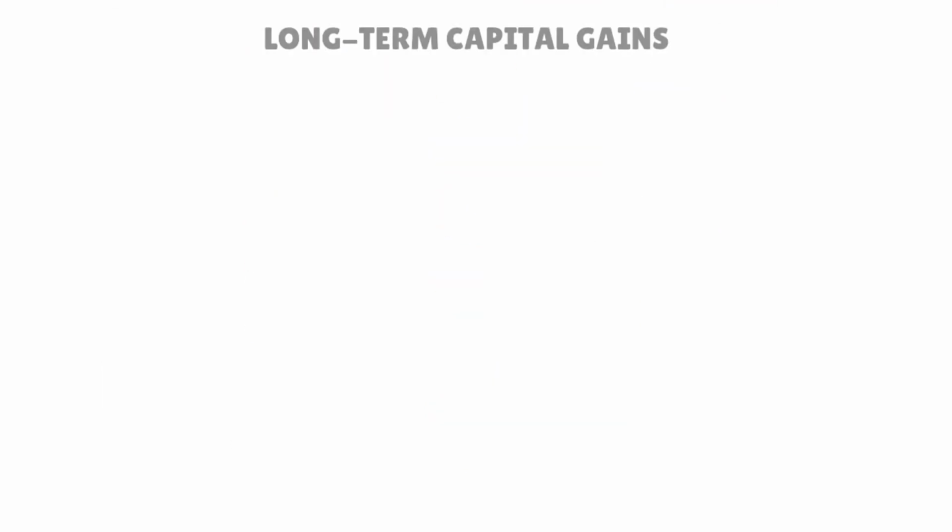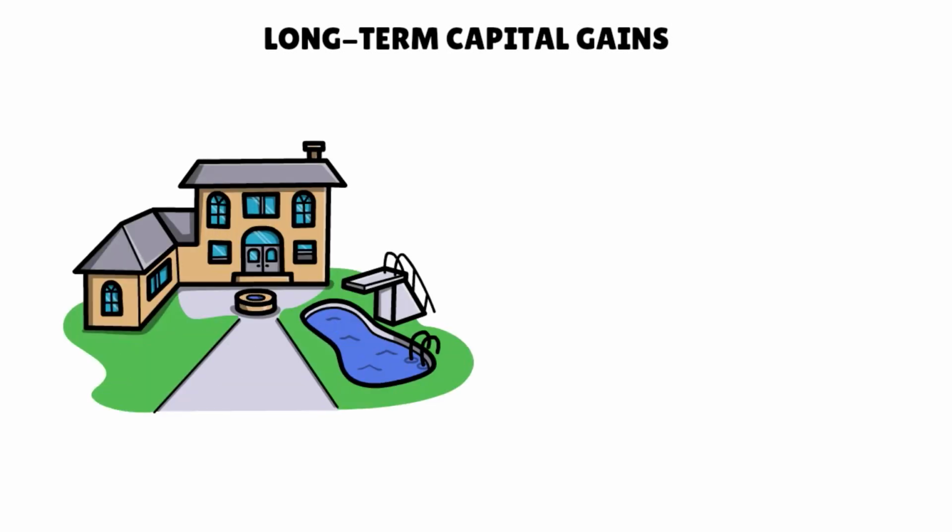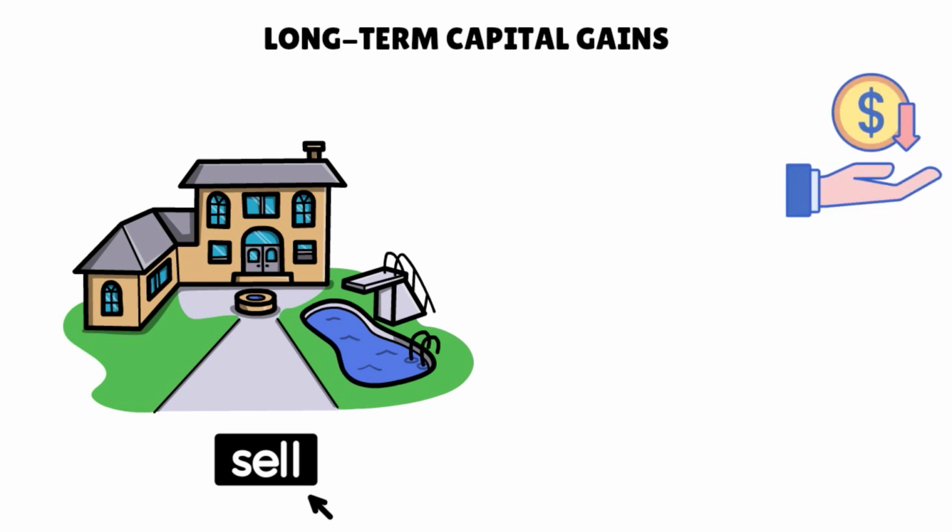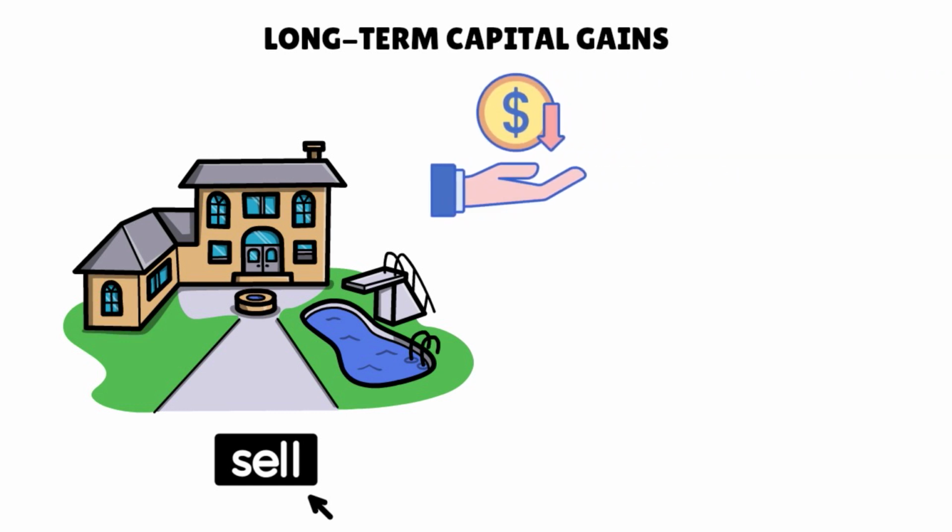And then we have long-term capital gains. Long-term capital gains are from a capital asset that you own for at least 1 year before you sell it, okay? And those gains receive preferential tax treatment, and you pay lower rates compared to standard income tax. So the long-term capital gains tax rate is 20% or less.